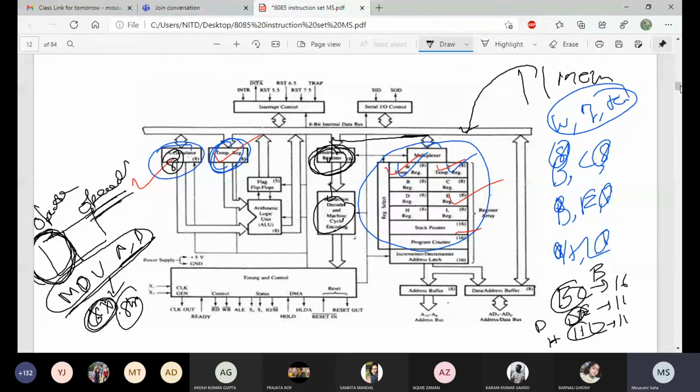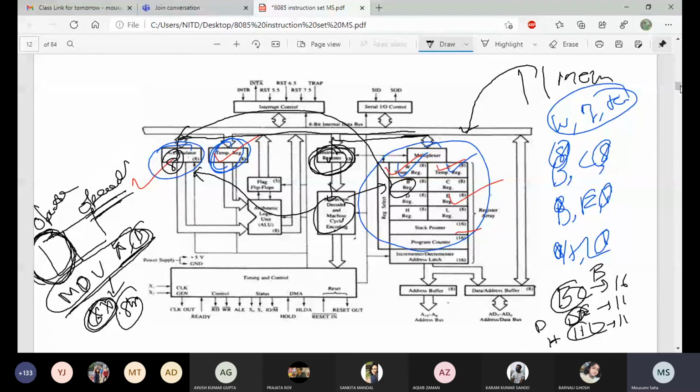Then the processor understands the meaning is to move the data from register to accumulator. At that moment it will activate all the control signals to the internal components, and the data will be moved from register to accumulator with the help of the system bus. Clear?